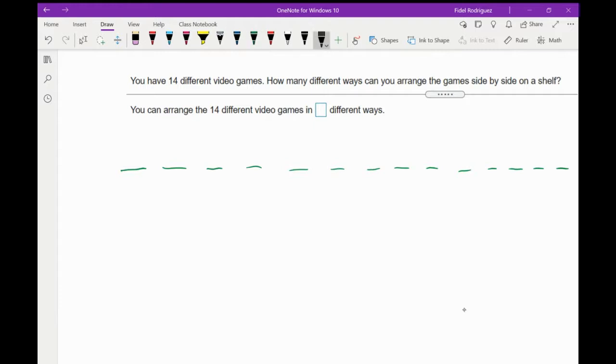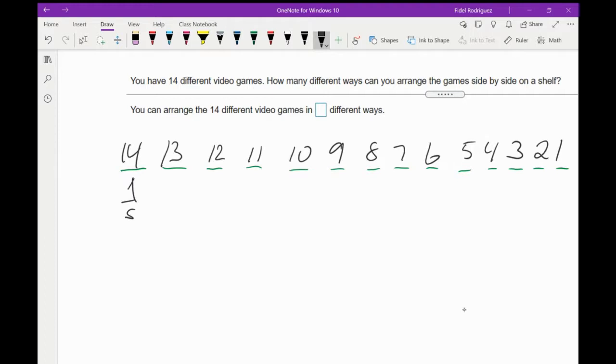So remember, in the first spot, I can put 14 games, right? Because I got 14 video games. Once I've picked one, now I only have 13, and I'm going to keep playing this game. So really all I'm doing here, Ruth, is figuring out how many different games I can put in the first spot.